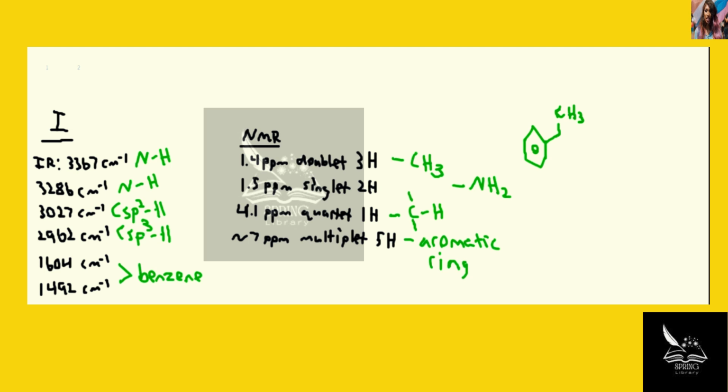Okay. And there is our nitrogen with its 2 protons. And then here we'll draw that other hydrogen in there. Okay. And so that structure is consistent with all of the spectral data that we have for isomer I here. And it is indeed the correct answer. And so this is I.